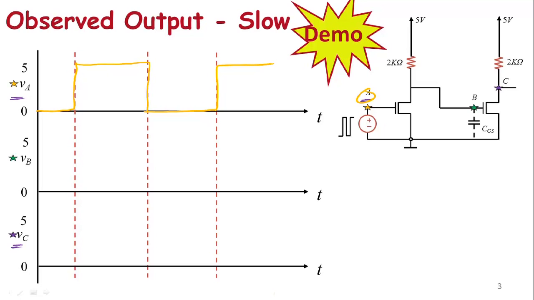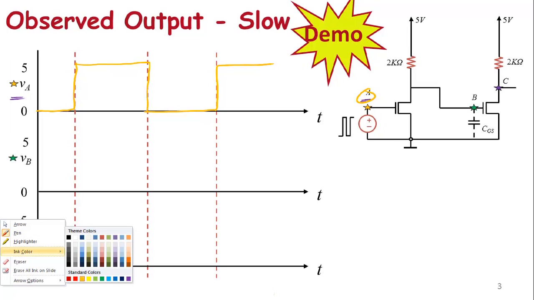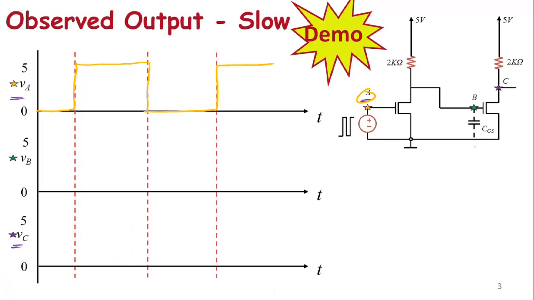Okay, next, let me plot the expected waveform at B. And notice this little capacitor here, and let's say the RC time constant here is pretty large. Okay, so what I'm going to see at VB, the waveform at B, is going to look something like this. As I apply a low voltage at VA, I'm going to get a high voltage at VB.